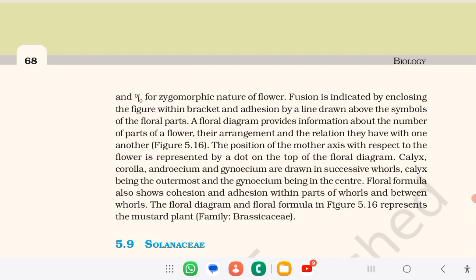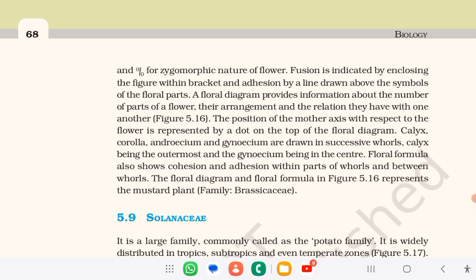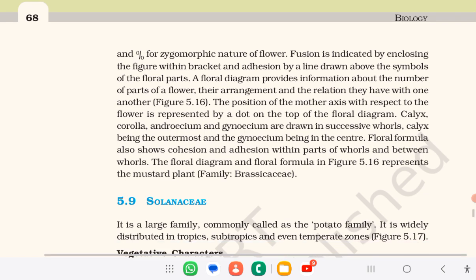Floral formula also shows cohesion and adhesion within parts of whorls and between whorls. The floral diagram and floral formula in figure 5.16 represent the mustard plant, family Brassicaceae.